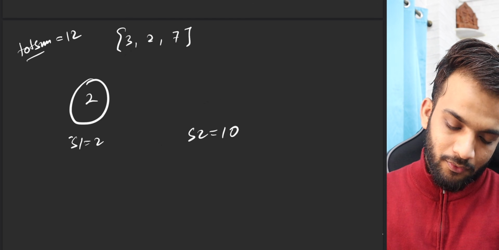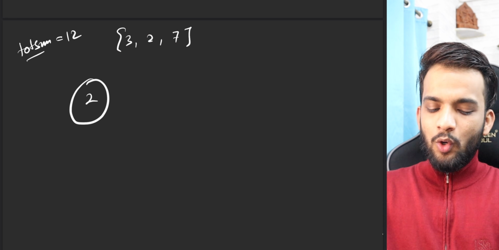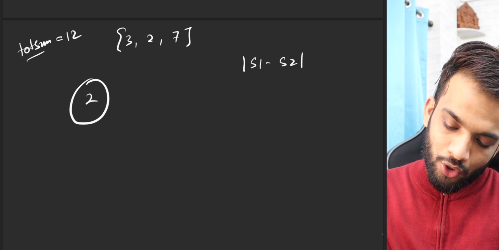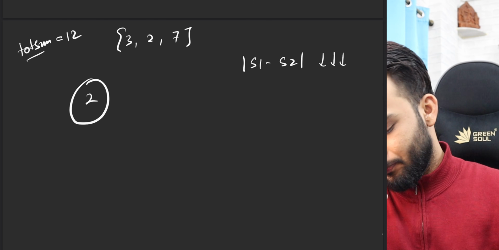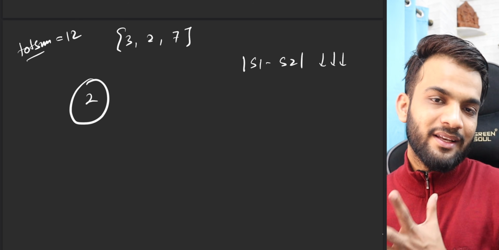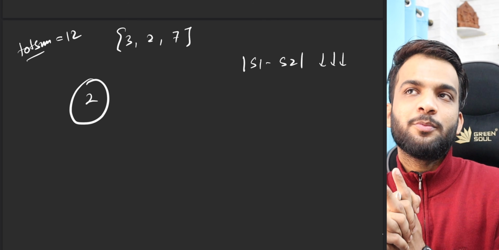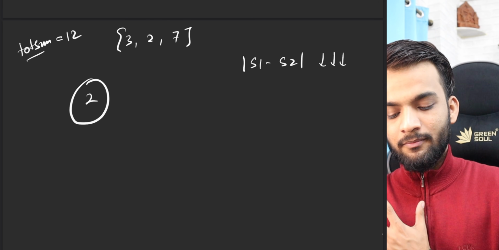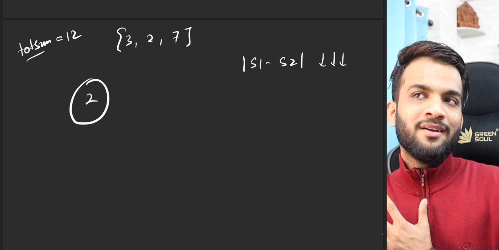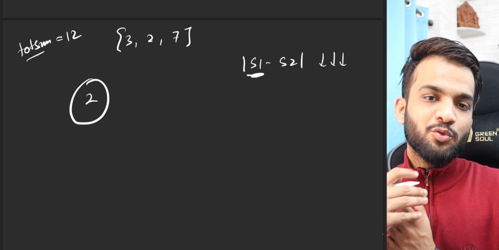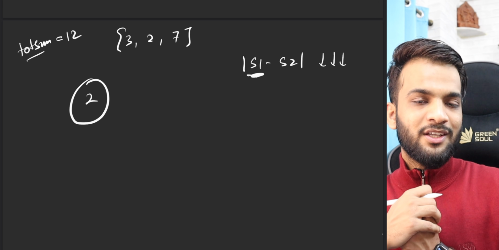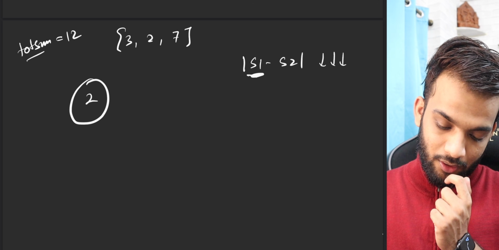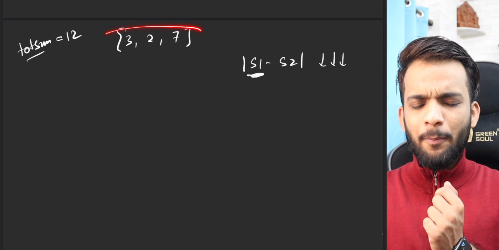So what am I looking for? I'm looking for S1 minus S2 to be as minimal as possible. Do we actually require all the possible S1s? If I can give you all the possible S1s, then your job is done.